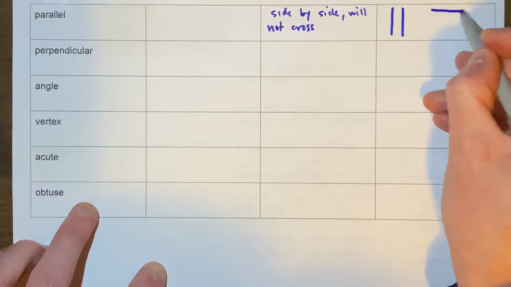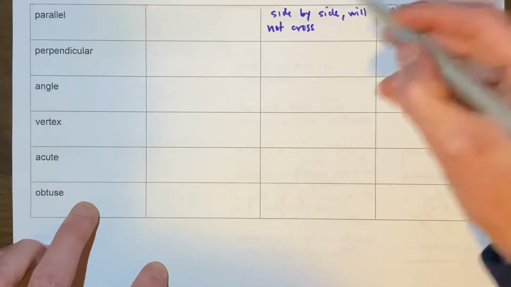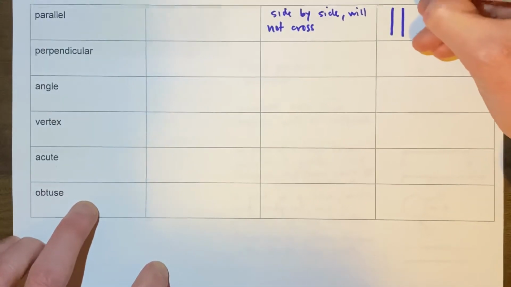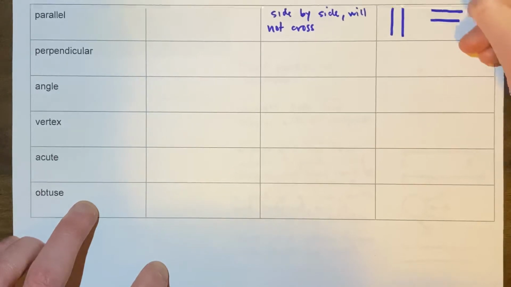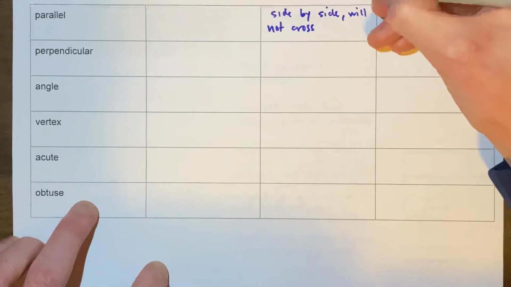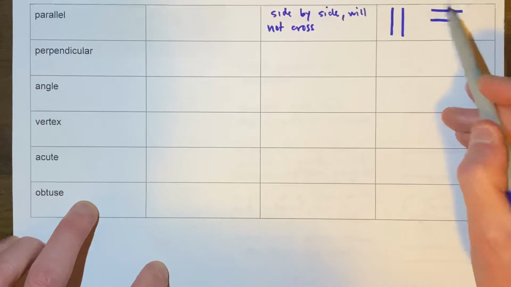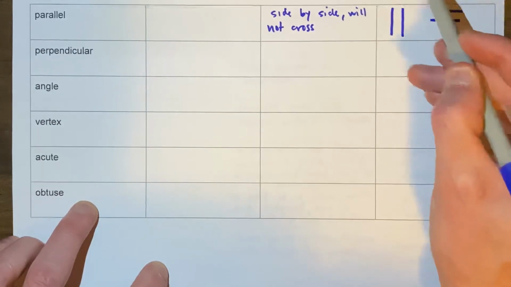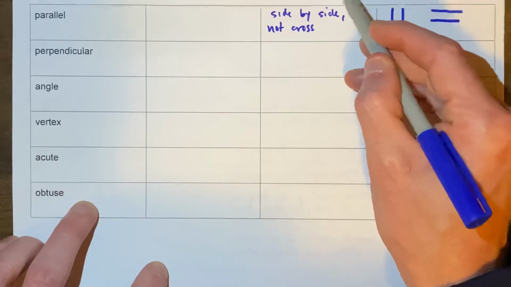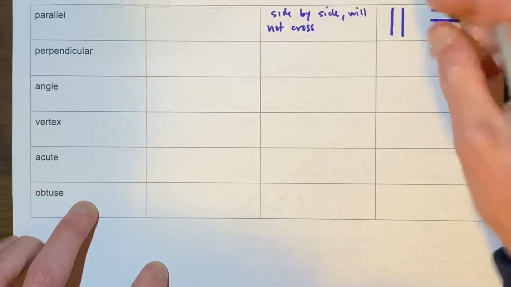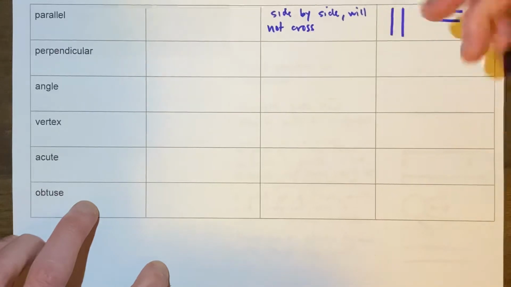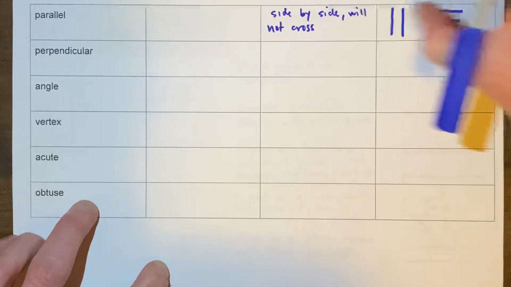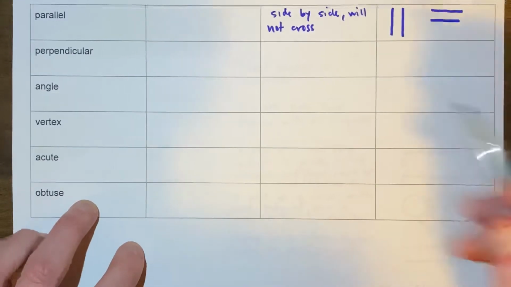I could have parallel this way. And when I think of parallel, I think of parallel parking. If we had a parking spot right here and we had another parking spot right here, if I were to back my car in, I would park my car right here, and someone else would park their car right here, and we would be parallel to the side of the road. The curb would be here, the street would be here, and our car would be parallel to that road.